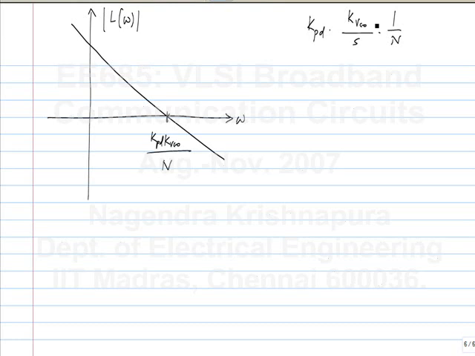Then we said this is not sufficient for us, so we made the phase detector into an integrator. What is the loop gain in that case? It may be something like this. What is this frequency?